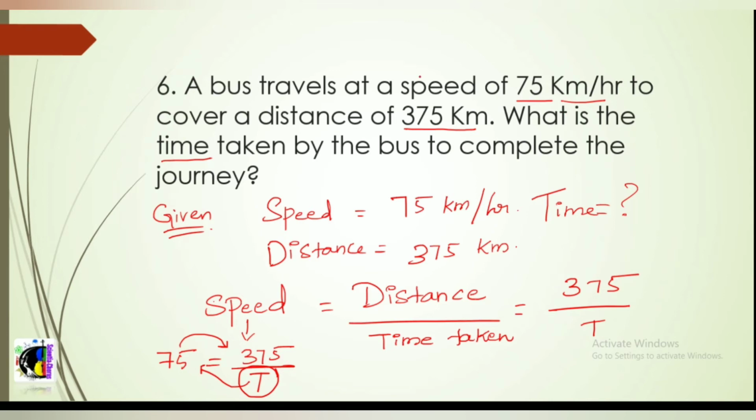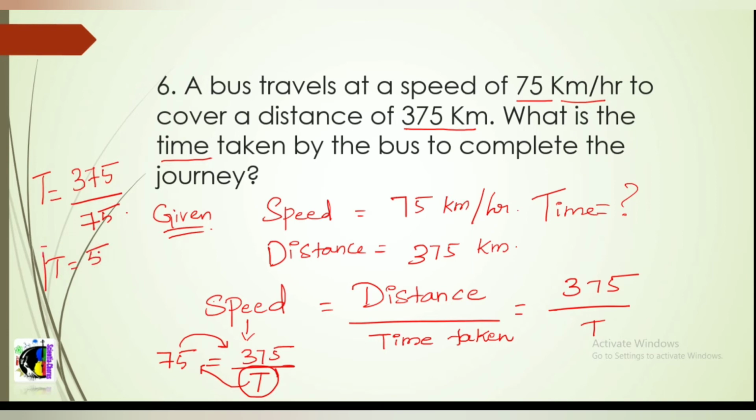So at last I am writing it here: t is equal to 375. There will be no changes with 375. The 75 which is coming to the right hand side will be going to the denominator. So t is equal to 375 divided by 75, which is nothing but 5.